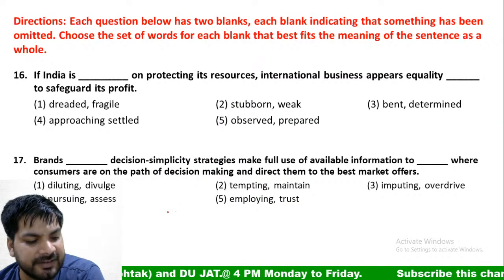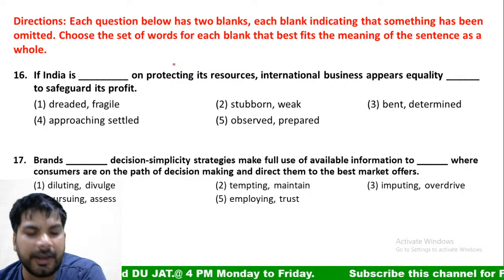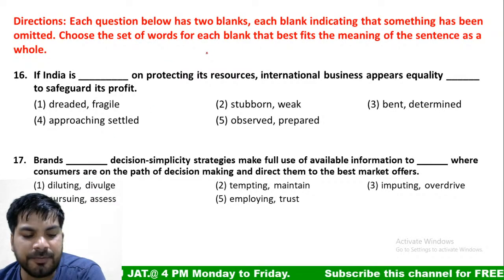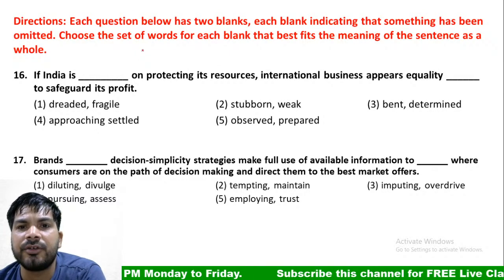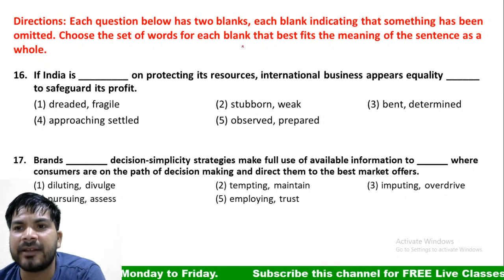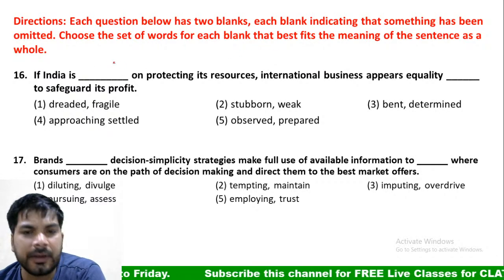Question number 16. Each question below has 2 blanks, each blank indicating that something has been omitted. Choose the set of words for each blank that best fits the meaning of the sentence as a whole.